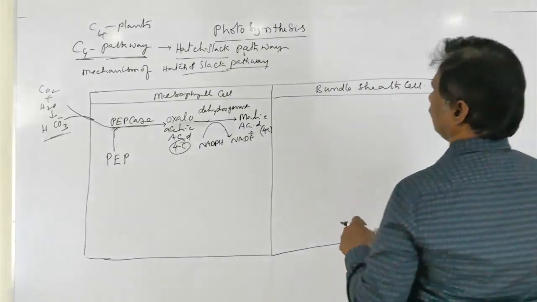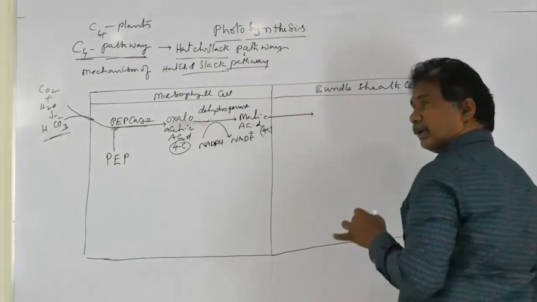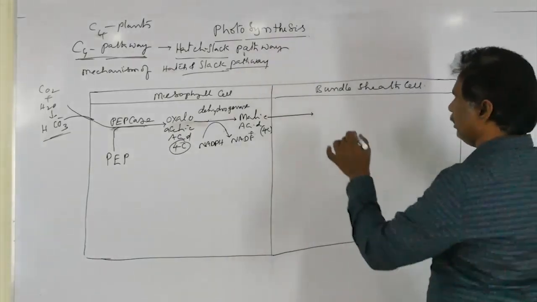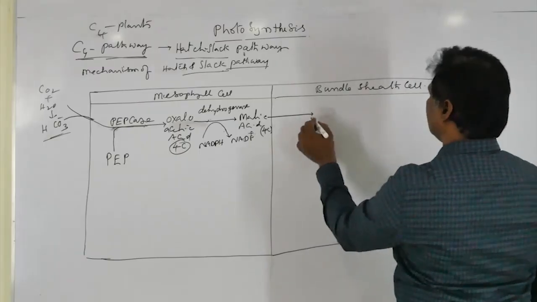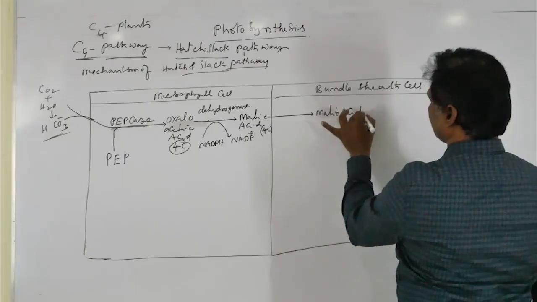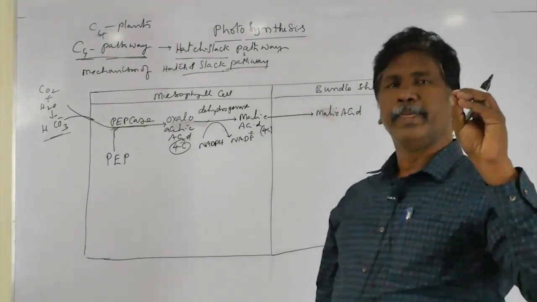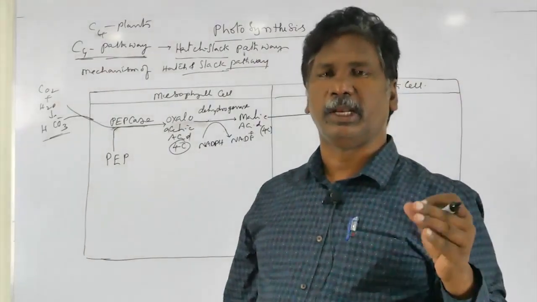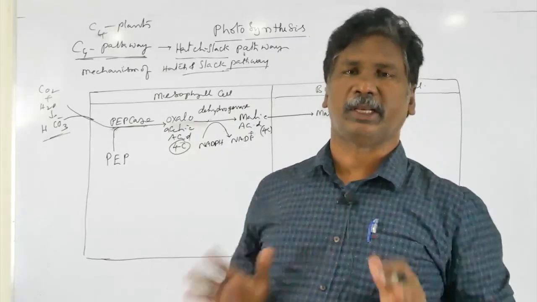Then after that, malic acid moves from the mesophyll cells into the bundle sheath cells for the remaining reactions of the C4 cycle.